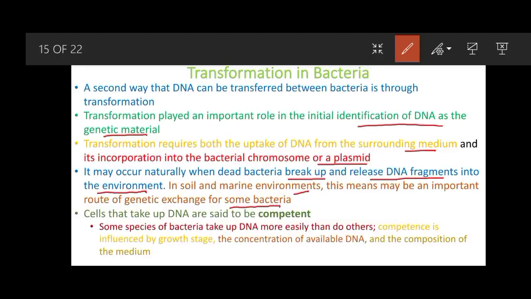Cells that take up the DNA are said to be competent cells, and some species of bacteria take up DNA more easily than other species, and this competence is influenced by growth stage, the concentration of available DNA, and the composition of the medium. These are the factors on which the competence of the cell is dependent.